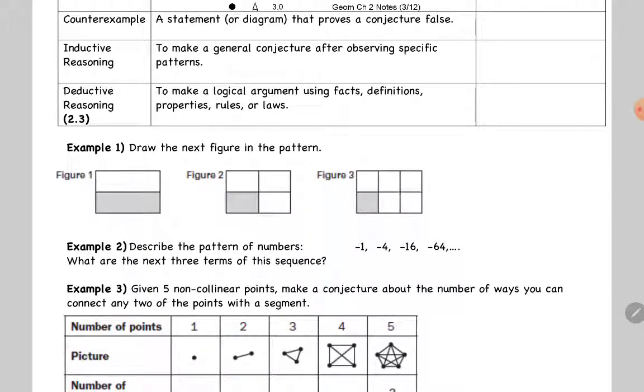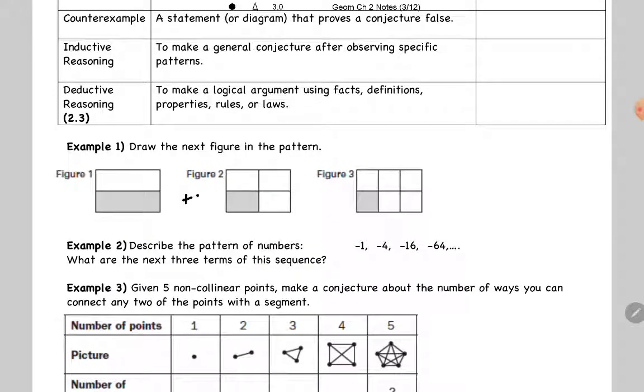So draw the figure in the next pattern. We start out with two boxes, and then the bottom one is shaded. In figure 2, we have 4 boxes now. So we have 2 more boxes, and the bottom left is shaded. And then figure 3, we add another 2 boxes, and the bottom left is still shaded.